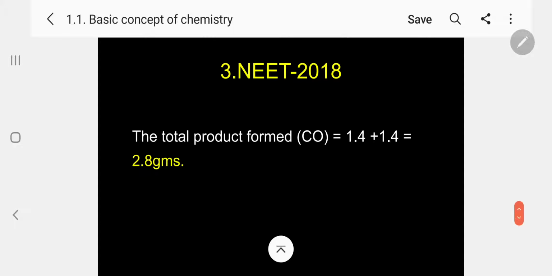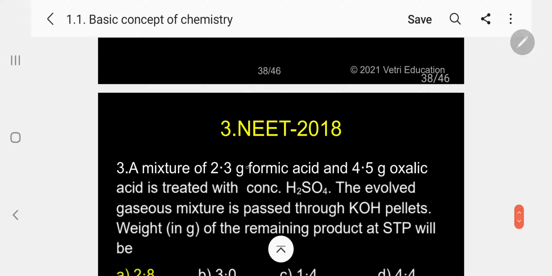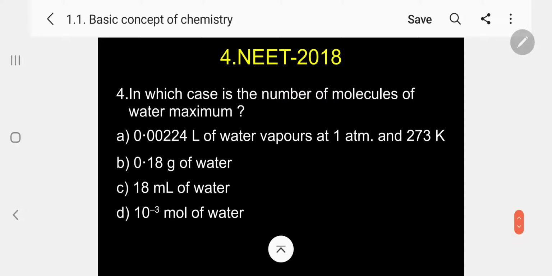Now the total CO formed equals 1.4 plus 1.4, that is 2.8 gram. Let us verify the options given. Option A is the correct answer: 2.8, 1.4 plus 1.4. Please follow. This is the way you have to follow. Very interesting information. Let me go for the next question.